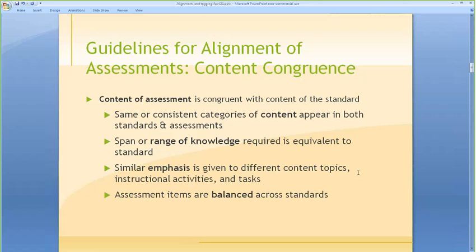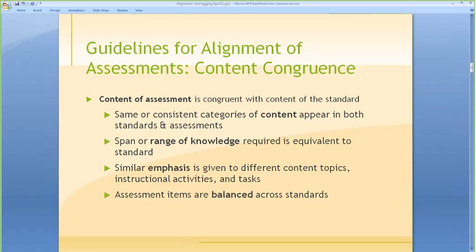Component 1.2 talks a lot about assessment and the candidate's use of assessment for student learning and for their own professional knowledge, so the use of assessment and research. Standard 5 talks about technology and the integration of technology. Component 1.4 talks about those college and career-ready standards. And so there's the range across Standard 1 where assessment items can be balanced across those various components within that standard.